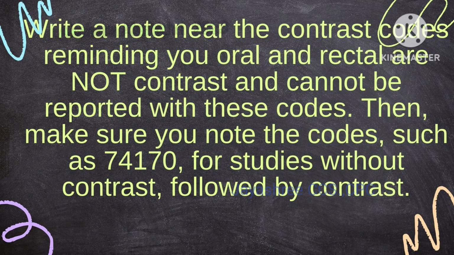For example, the code is 74170, for studies without contrast followed by with contrast. So sometimes like that, we have to give only the combination code. With contrast separately or without contrast separately, those codes we should not use. Only the combination code we have to use, like without contrast followed by with contrast. Okay.